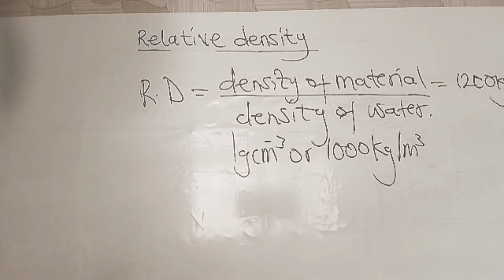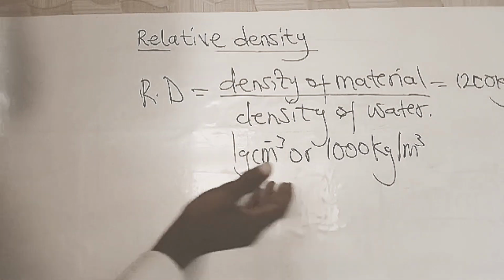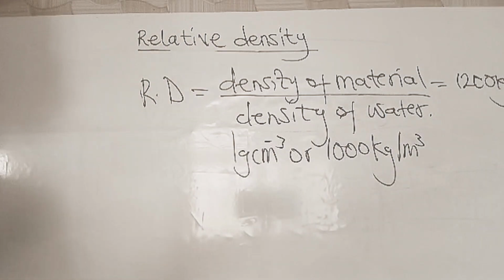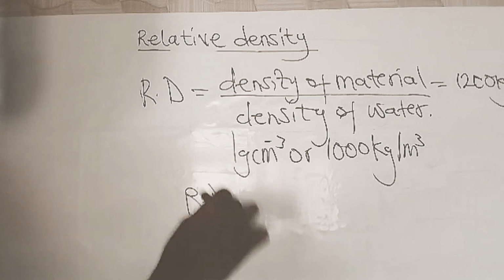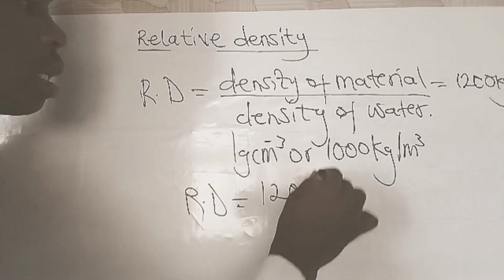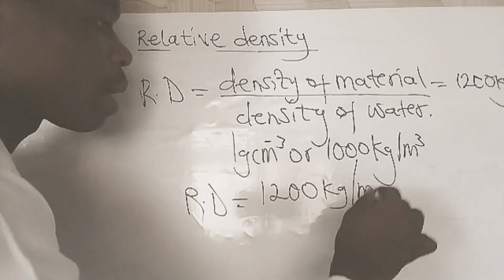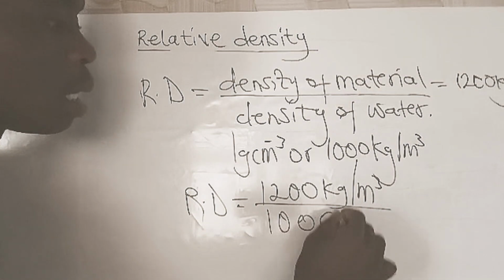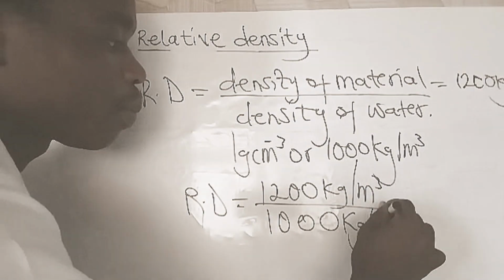So if a material has a density of 1,200 kilograms per meter cube, and the density of water is 1,000 kilograms per meter cube, and you are asked to calculate the relative density, the relative density equals 1,200 kilograms per meter cube over 1,000 kilograms per meter cube.